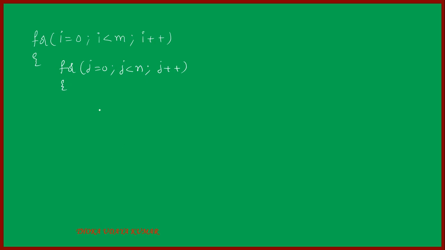And here if a of i j is not equal to star, if it is equal to star we have nothing to do. Okay, if it is not equal to star, then we will count the number of mines adjacent to it.